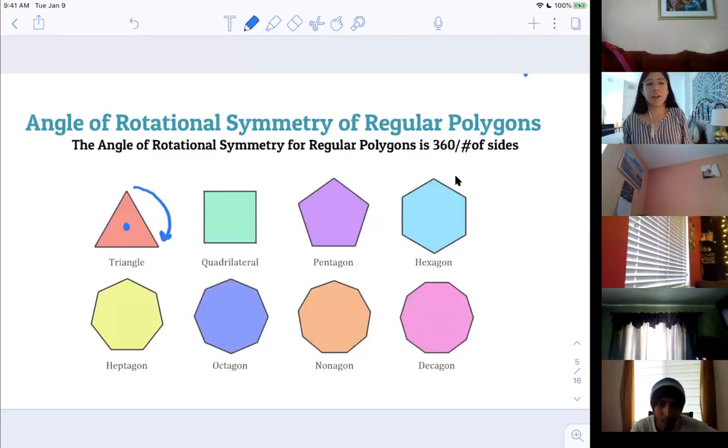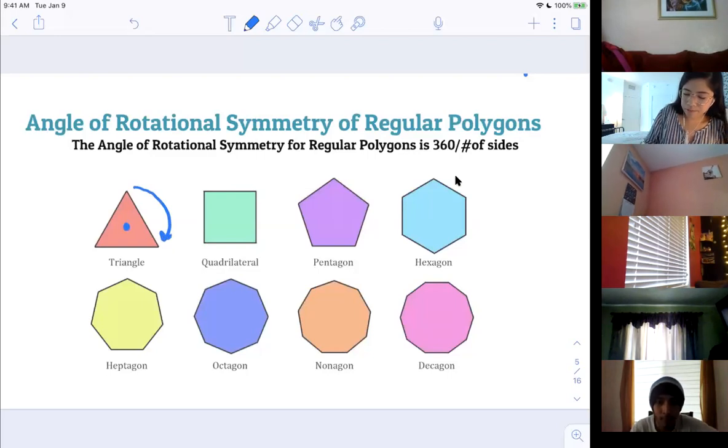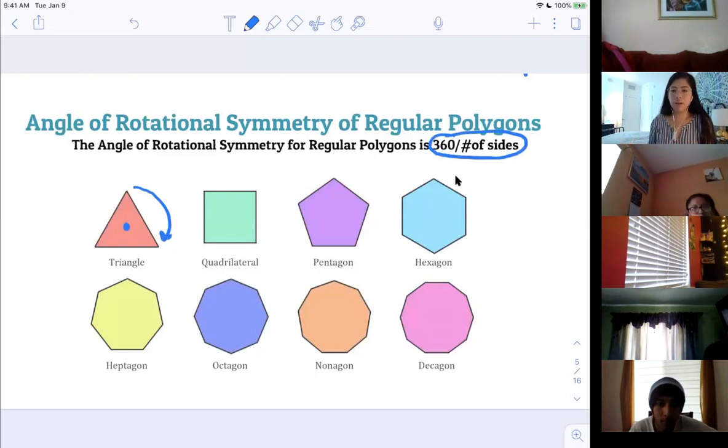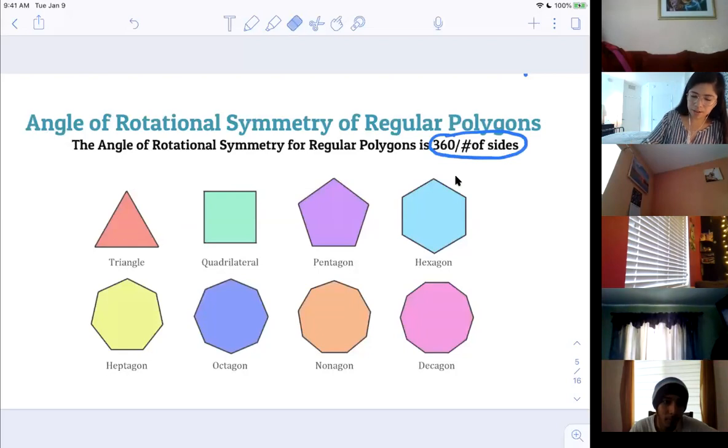The way you figure out the amount of degrees is you take 360 and divide it by the number of sides that the shape has. A triangle has 3 sides, so 360 divided by 3, what is my angle of symmetrical rotation? 120. The angle of rotation for a regular triangle would be 120 degrees.